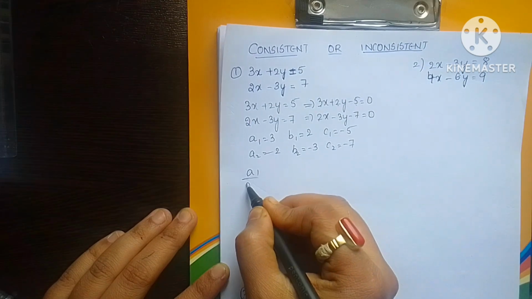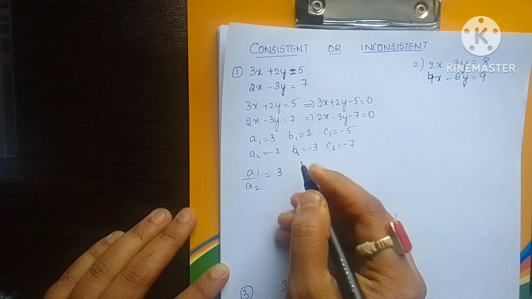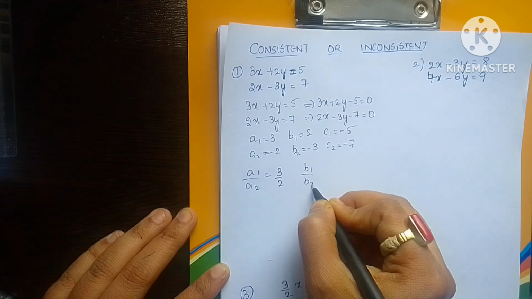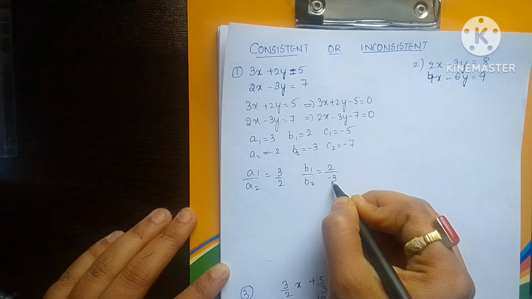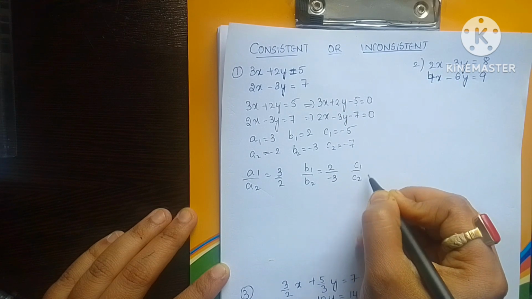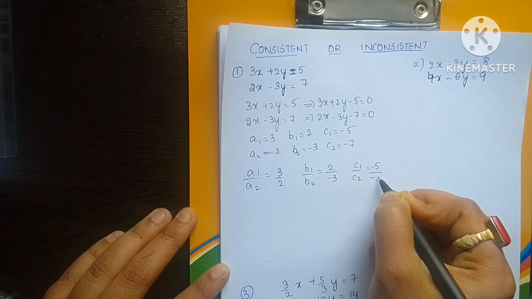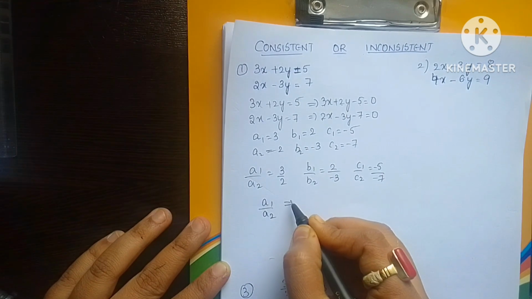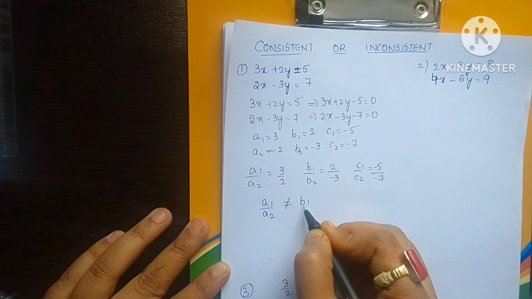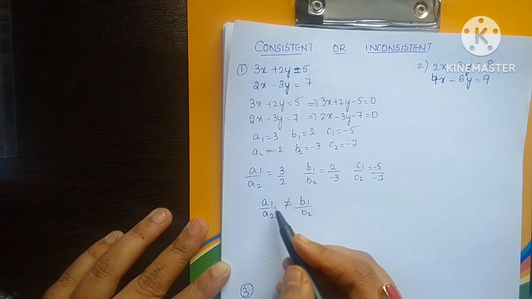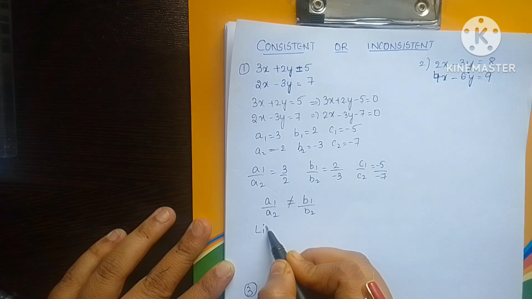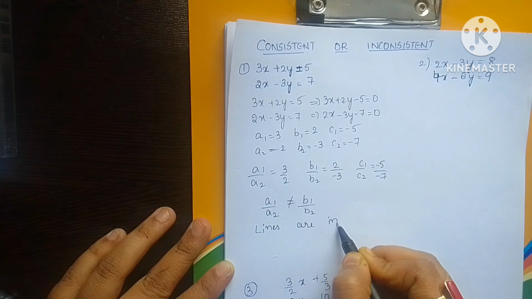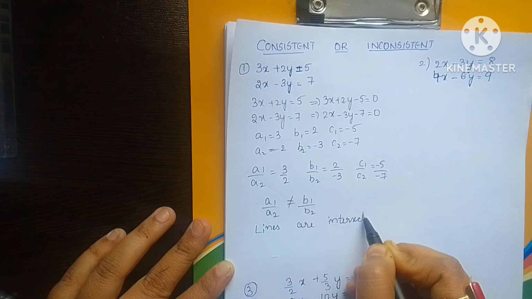Now a1 by a2 is 3 by 2, b1 by b2 is 2 by minus 3, c1 by c2 is minus 5 by minus 7. We have got a1 by a2 not equal to b1 by b2. So the lines intersect.